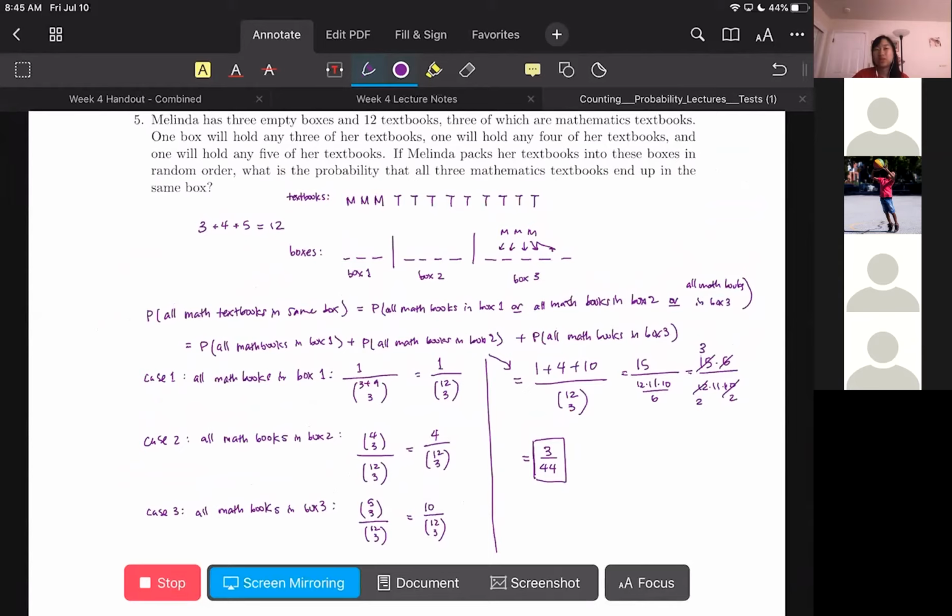In this case, I decided to simplify the problem a bit by taking the case where the other textbooks are indistinguishable and the math books are indistinguishable. And I think that actually makes the counting a lot easier. But you could also count, like, what if the math books are distinguishable? Or what if the order in the boxes doesn't matter?